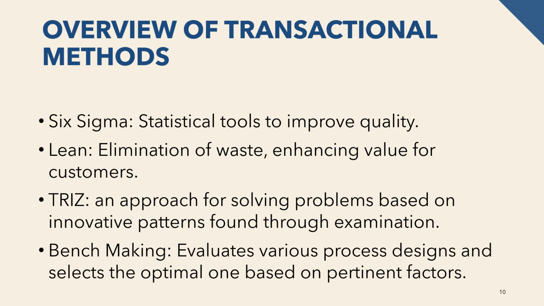Lean aims to maximize customer value while minimizing waste. It emphasizes continuous improvement and respect for people, whereas TRIZ, or the theory of inventive problem solving, provides a systematic approach for solving and understanding problems creatively. For example, a manufacturing company might use lean to streamline its production processes, reducing waste and improving efficiency.